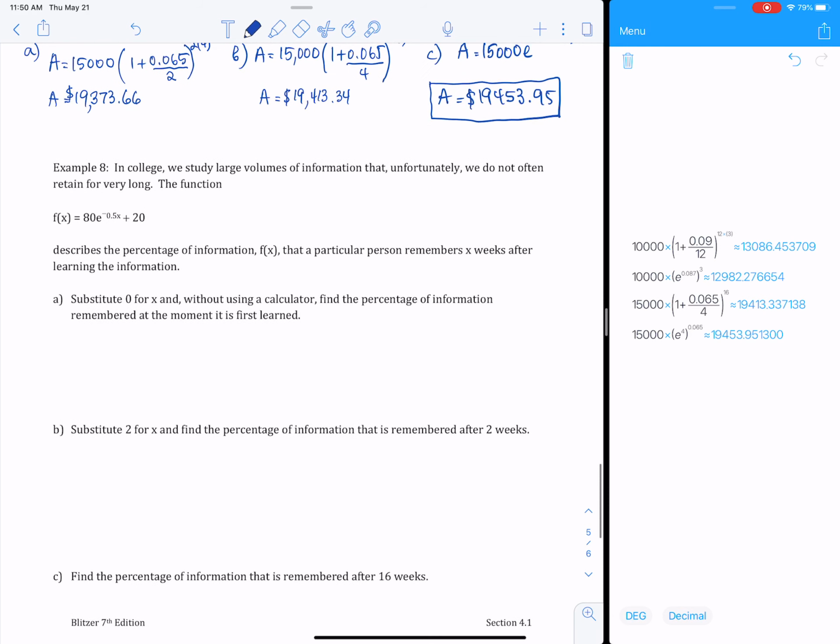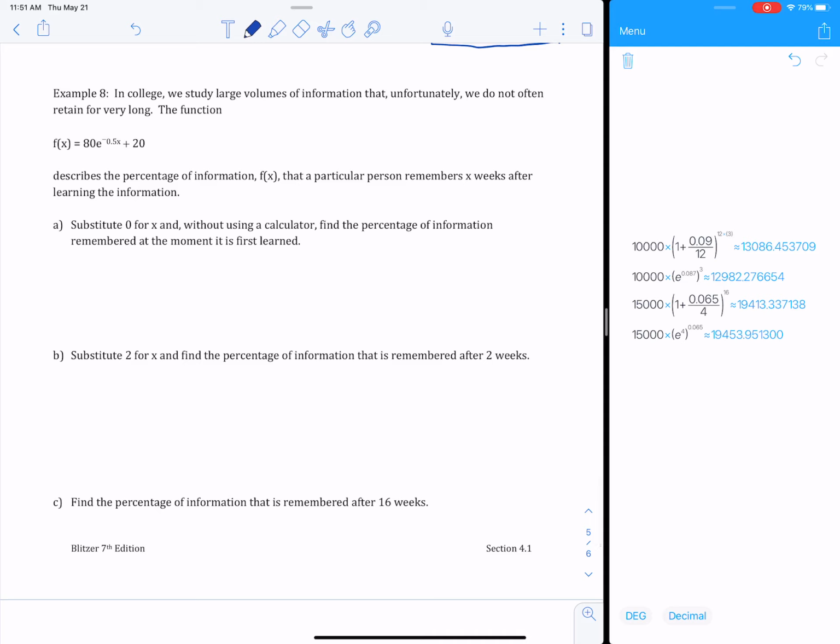Example 8. In college, we study large volumes of information that unfortunately we do not often retain for very long. The function f of x is equal to 80 times e power by negative 0.5x plus 20 describes the percentage of information f of x that a particular person remembers x weeks after learning the information. Substitute 0 for x and without using a calculator find the percentage of information remembered at the moment of the first learning.